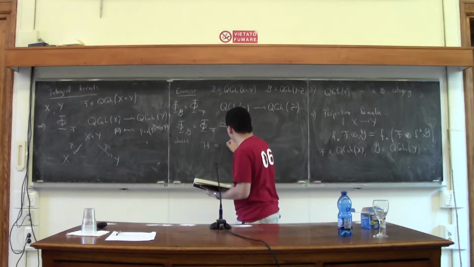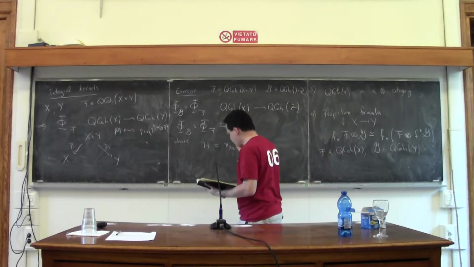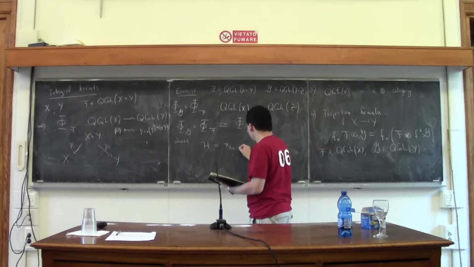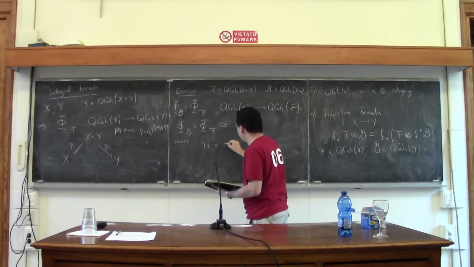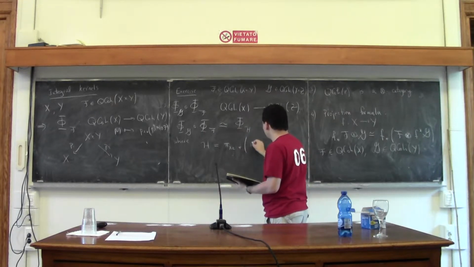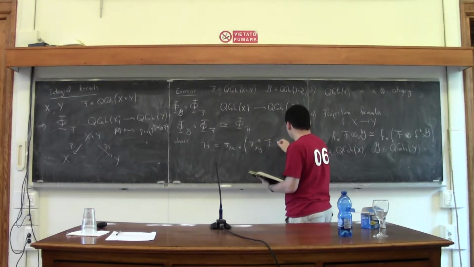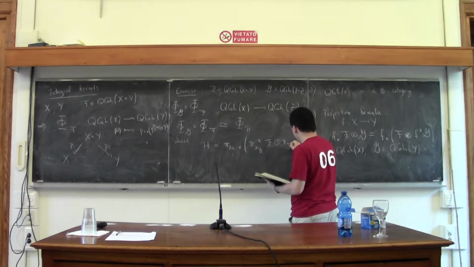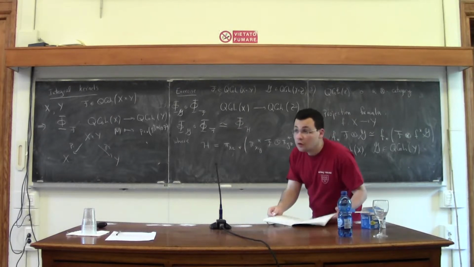Let me call it, I'll define what these letters mean in a second: star of upper star F, tensor pi, upper star G. So let me tell you what these maps are.